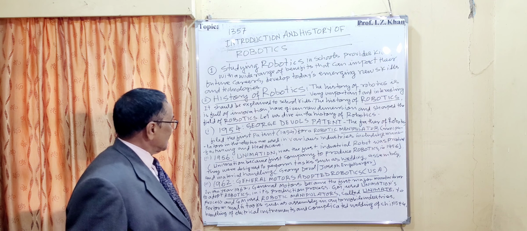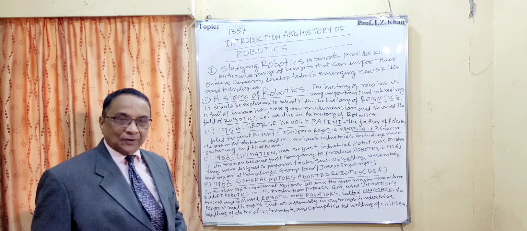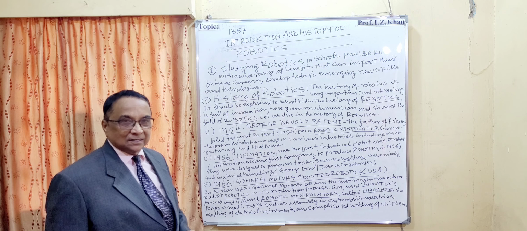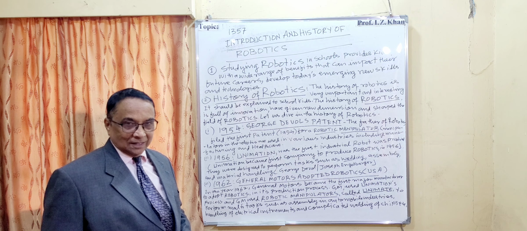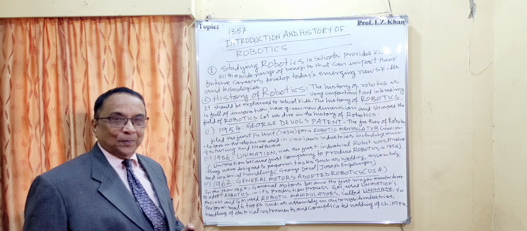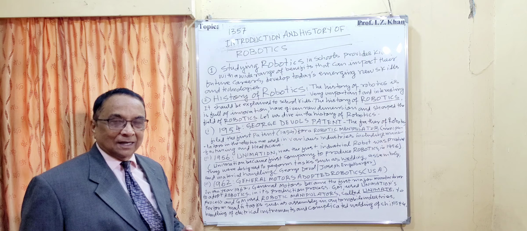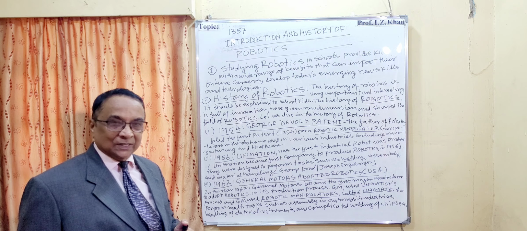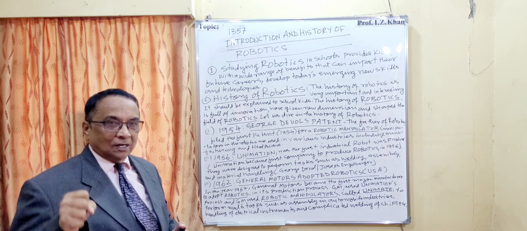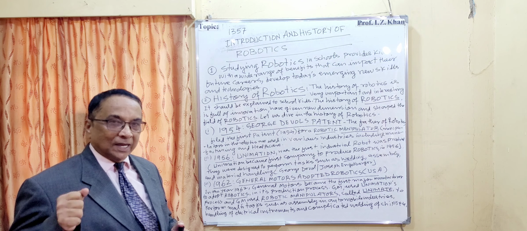Number one, 1954. It started in 1954, and the father of robotics is George Devol. He is the first man who patented the robotic manipulator, meaning the arm, how to do tasks by robots.